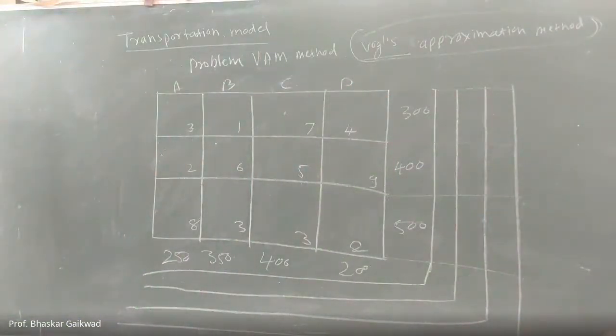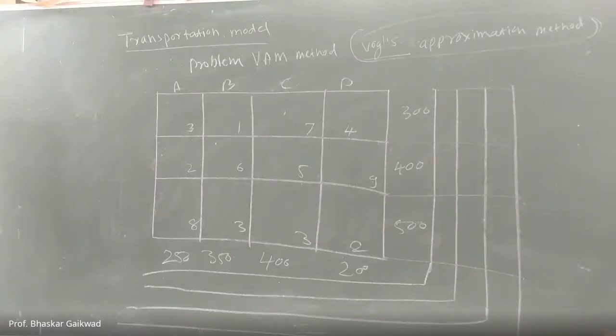So while solving the problems by this method, first of all, you find the difference between the two minimum values of each row and column. Let us consider the first row. In this first row, which is the minimum value? 1.